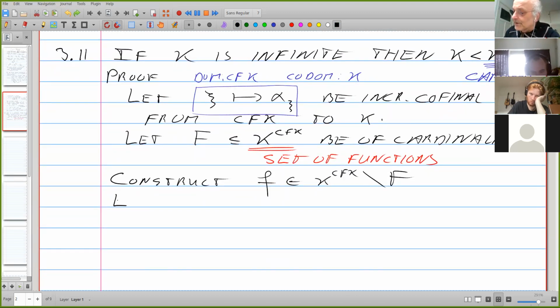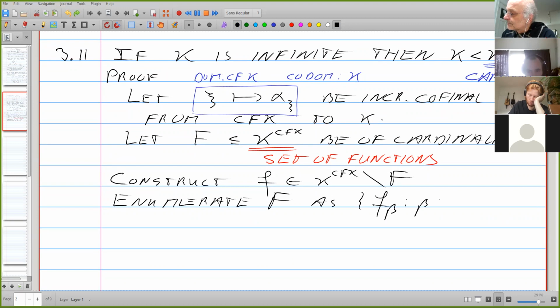How do we do that? Well, how shall I do this? Let's say beta. We have kappa many functions, so we enumerate the family by doing f beta, beta less than kappa.